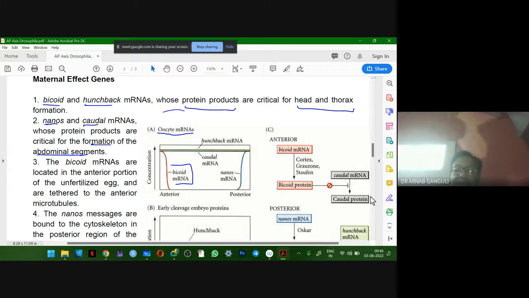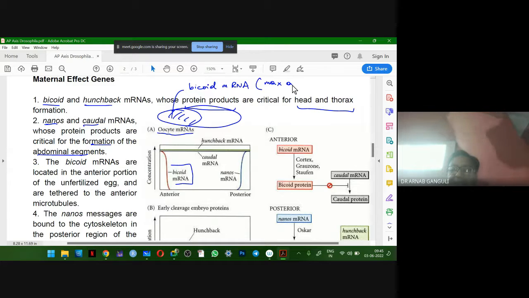This is the egg, and this is bicoid mRNA here. It is much higher over here, maximum in the anterior.